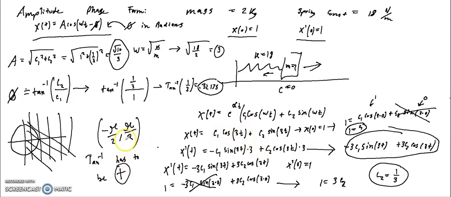So, well, we can find out which quadrant this is in. It has to be in either quadrant 1 or quadrant 4. So, we know that c1 is greater than 0, and c2 is greater than 0.